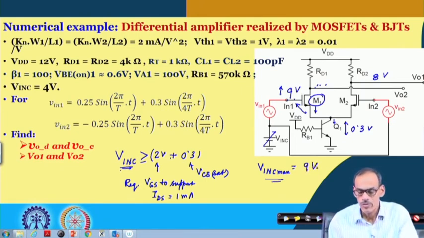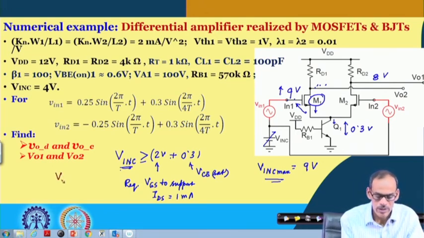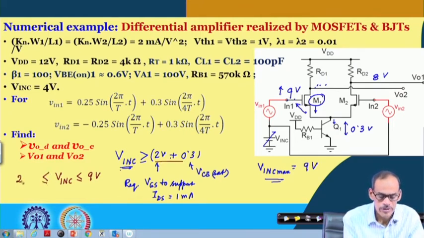So, in summary, V in C has a nice range. The upper limit is 9 volt and lower limit is 2.3 volt.